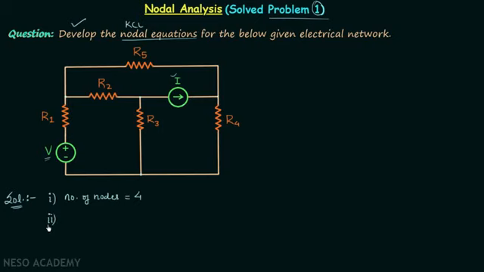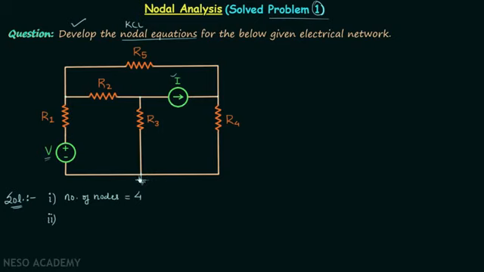Now let's move on to step number 2, in which we will assign the node voltages and choose the reference node. Let's say this node and this node are the non-reference nodes, and this node here is our reference node, and we know the voltage at the reference node is equal to 0 volt.